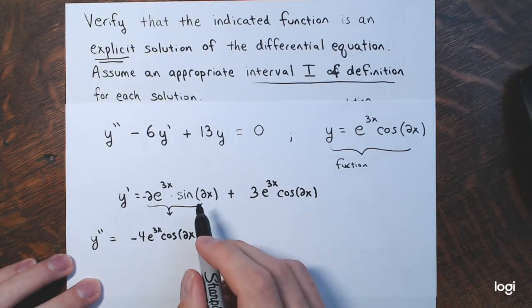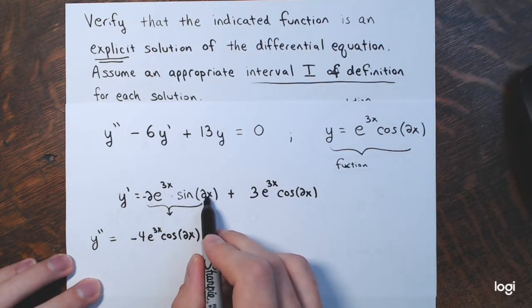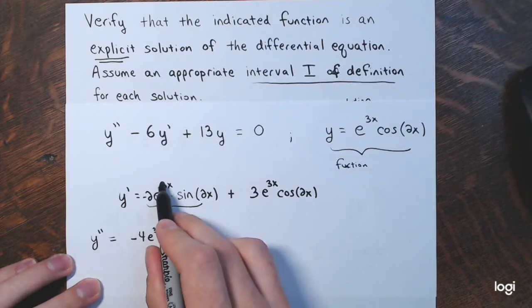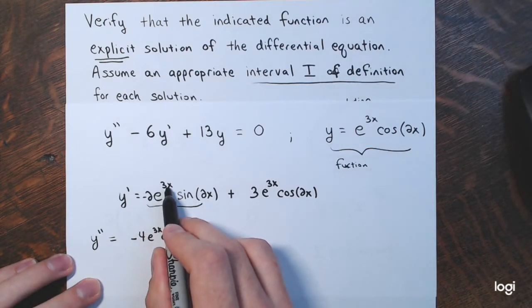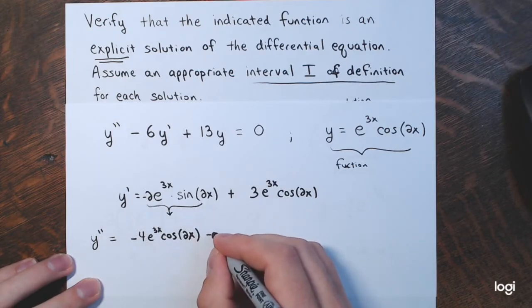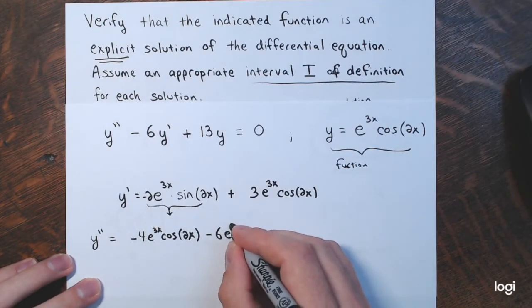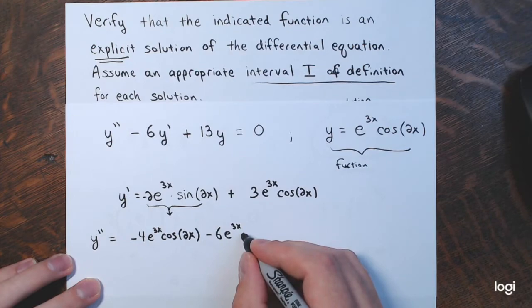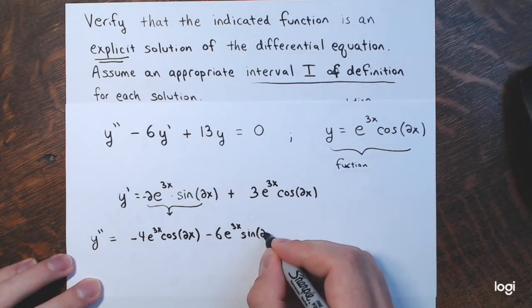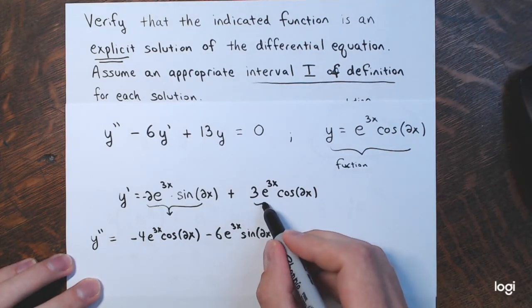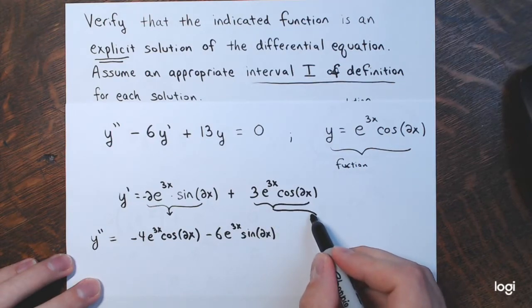Then plus, leave the sine of 2x alone, and then the derivative of this first factor would be e to the 3x times 3 again, so it would be minus 6 e to the 3x times sine of 2x. Okay, and then I'm going to do the same thing for the second term.